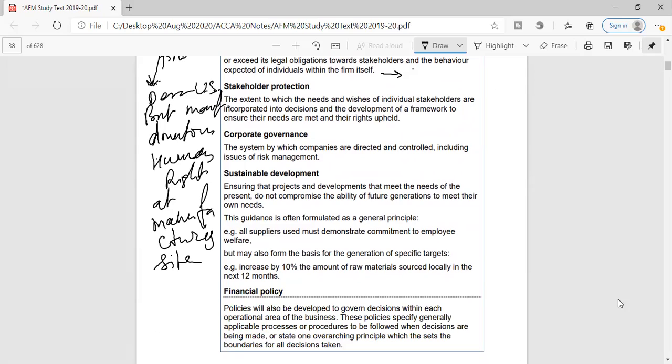Moving on, stakeholder protection. I would like to highlight here the word, quite important, as I have seen in some examiners' feedback that keywords are missed, and this is one of the keywords which is often missed: stakeholder protection.